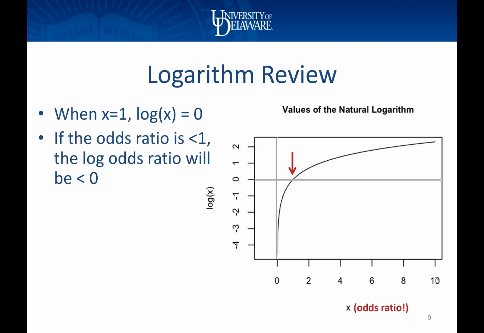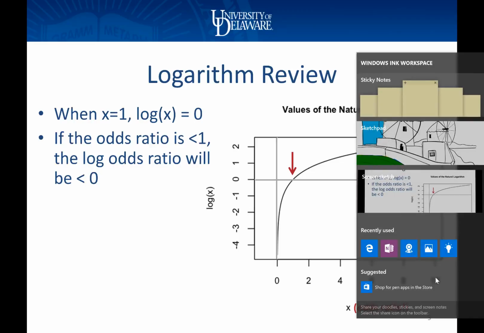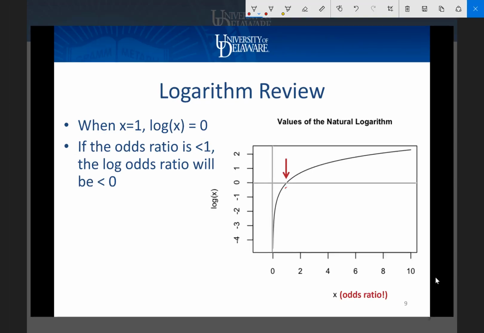If the odds ratio is less than 1, the log odds ratio will be less than 0. And you can see that in the picture because the curved line here, this area, is between 0 and 1.